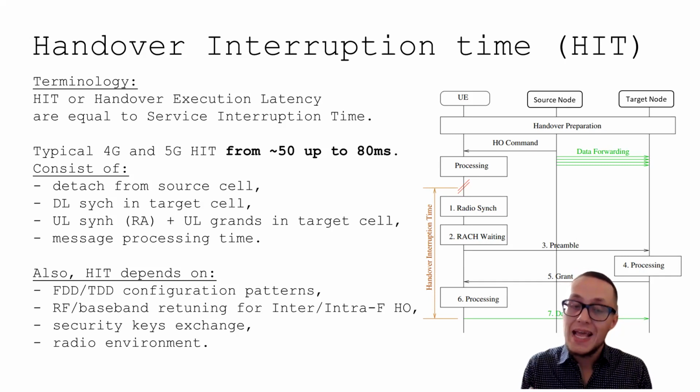But handover latency is a pretty huge part. It is usually from 50 to 80 milliseconds in real networks, and it consists of several phases.